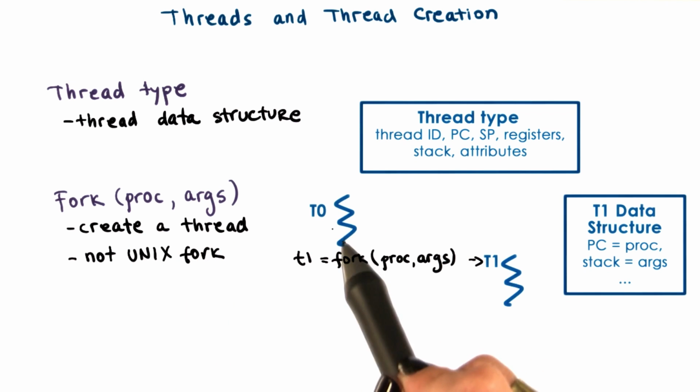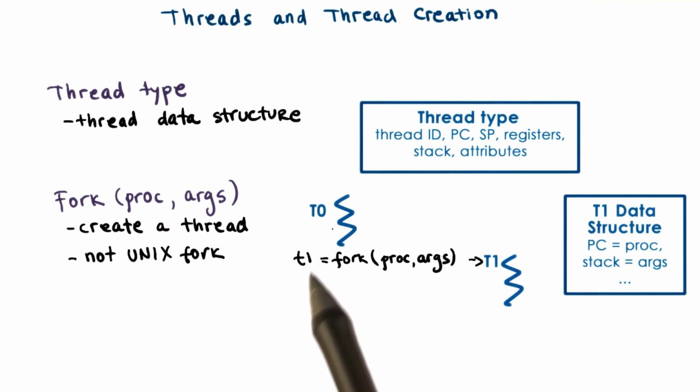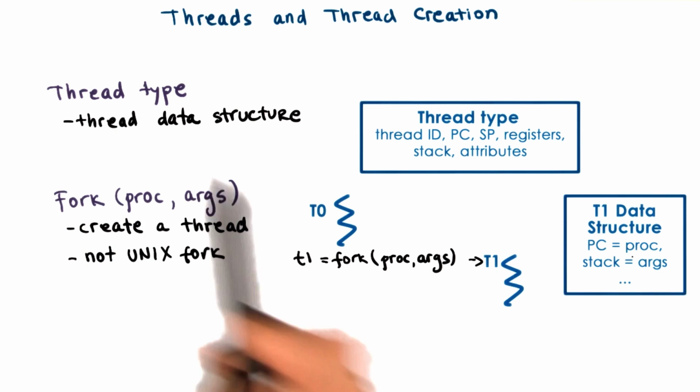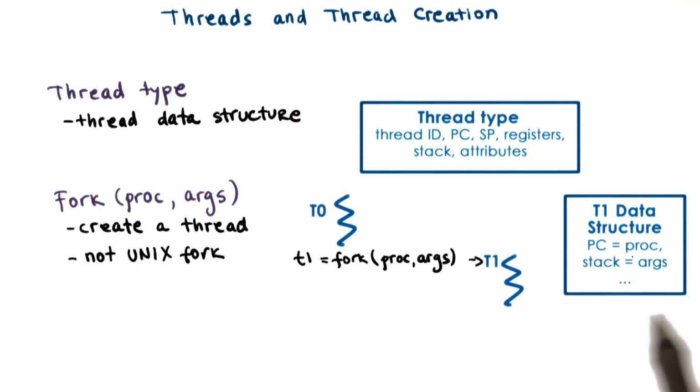When a thread T0 calls a fork, a new thread T1 is created. That means that a new thread data structure of this type is created, and its fields are initialized such that its program counter will point to the first instruction of the procedure proc, and these arguments will be available on the stack of the thread.